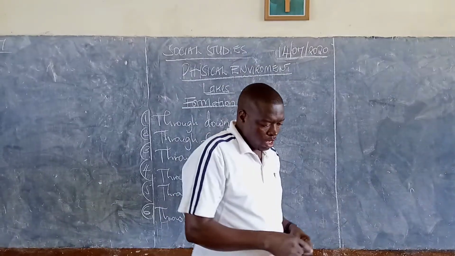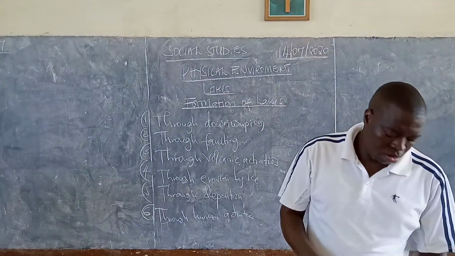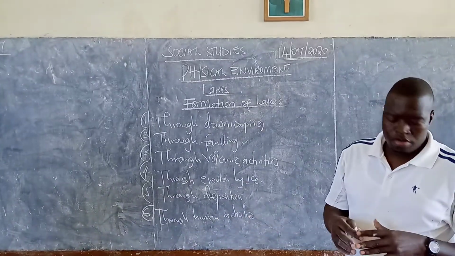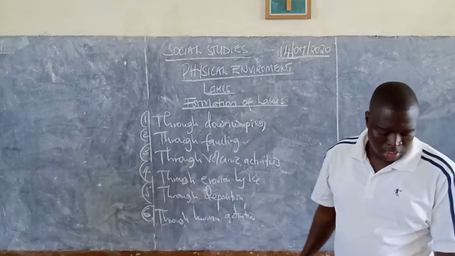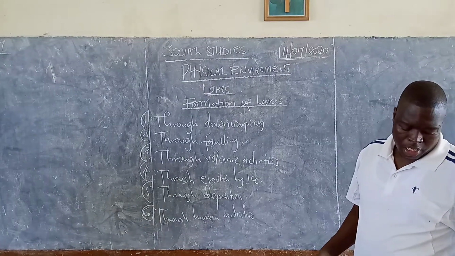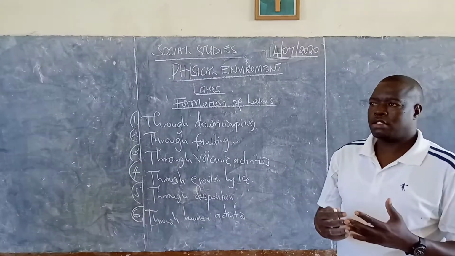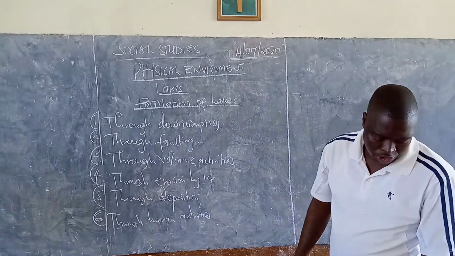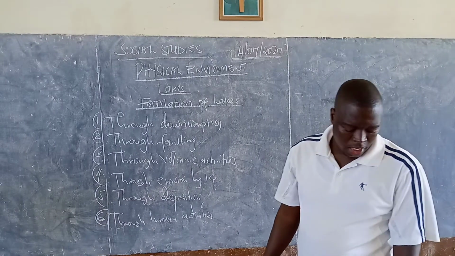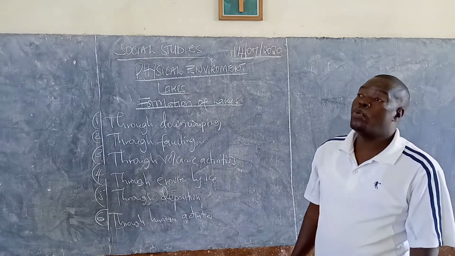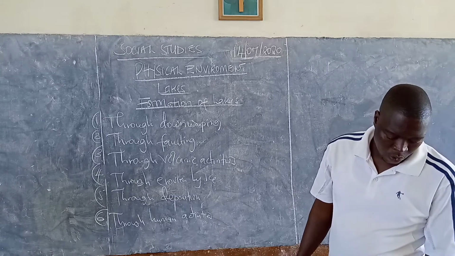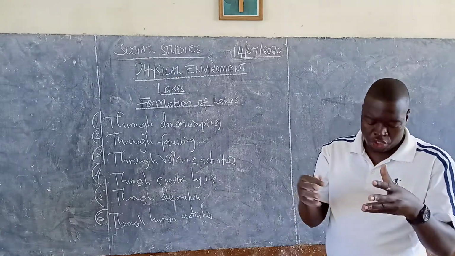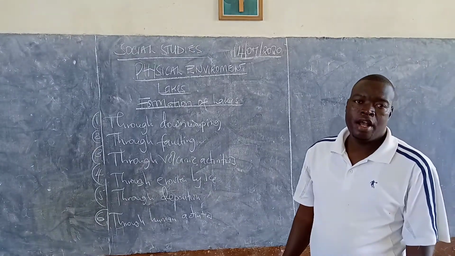So we are going to look at examples. When the rock cracks, the land tends to sink. So there is a depression that is formed after this has happened, and then water is collected in that depression to form a lake.